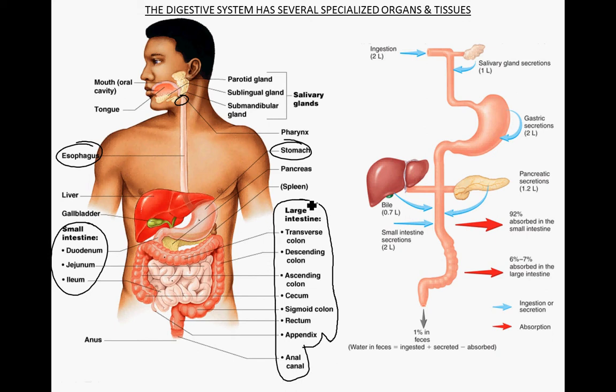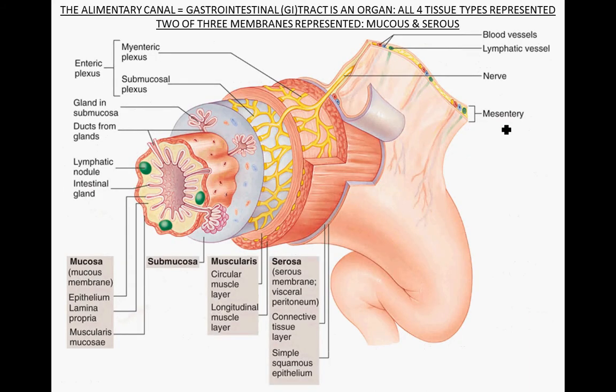And the other image over here, which is a little more simplified, is a tube in cross-section. This is also a tube in cross-section right here, but it is a little bit wider. So this alimentary canal is an organ.